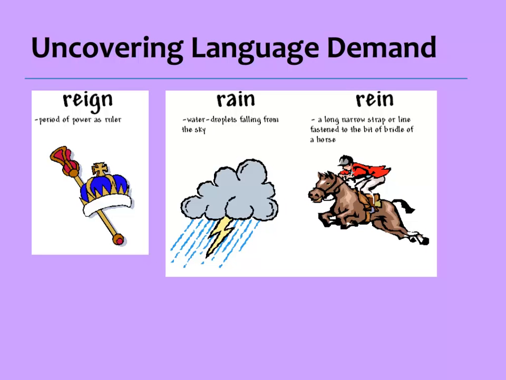Letter sounds and spellings are also language structures. Students need to know the letters EI in the word rain make an A sound and not an E sound, and that there are 2 additional nouns pronounced the same way but spelled differently. Every language has unique structures, and part of becoming proficient in a second language is learning those structures.